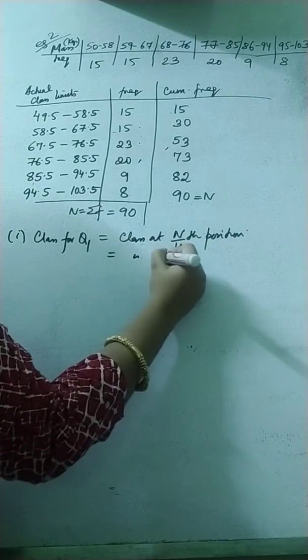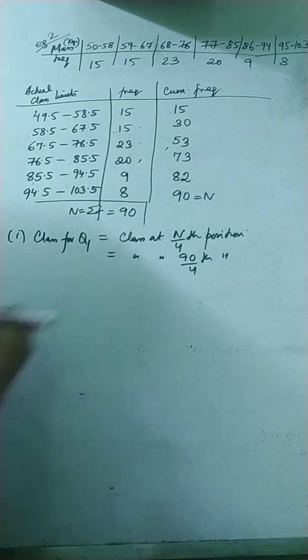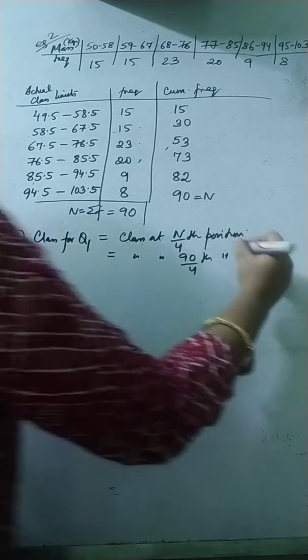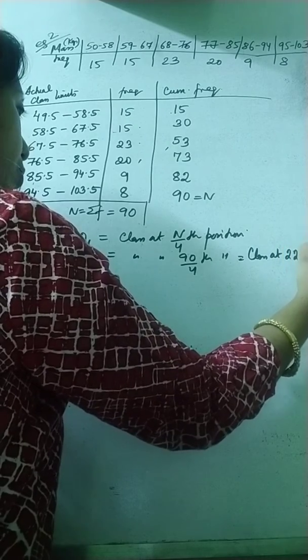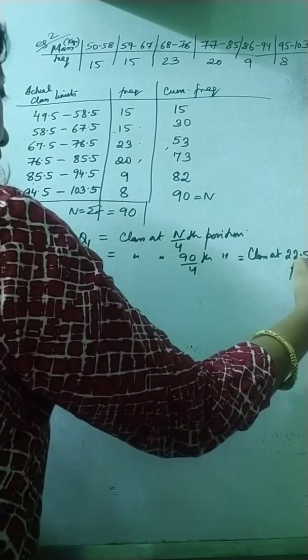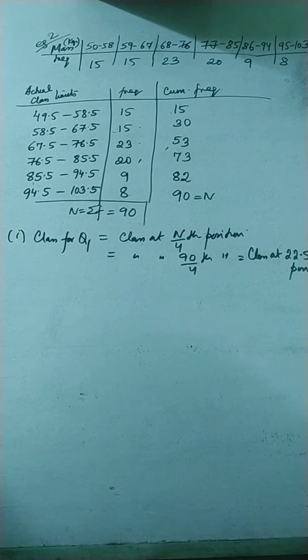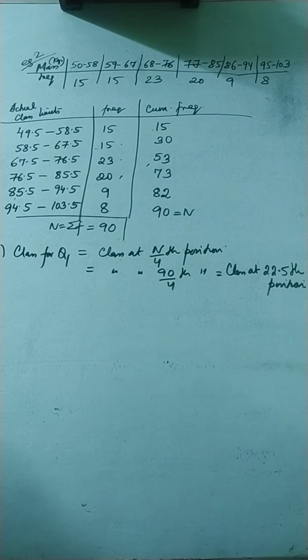So it is the class at 90 by 4th position, and therefore it is the class at 22.5th position.